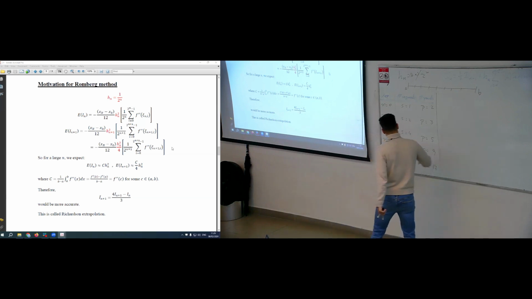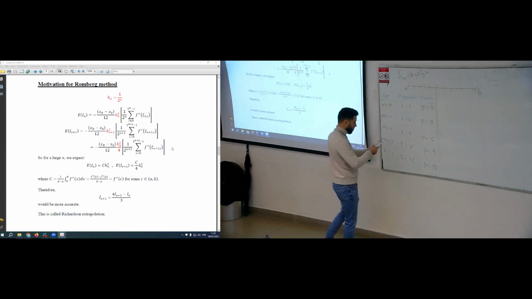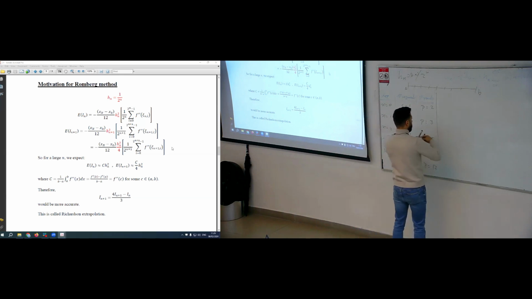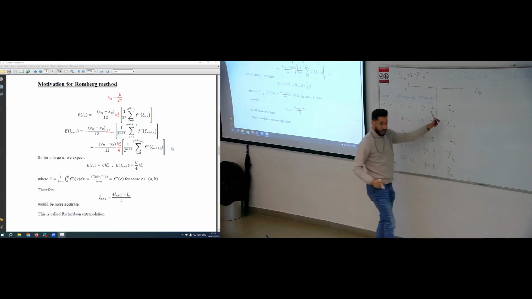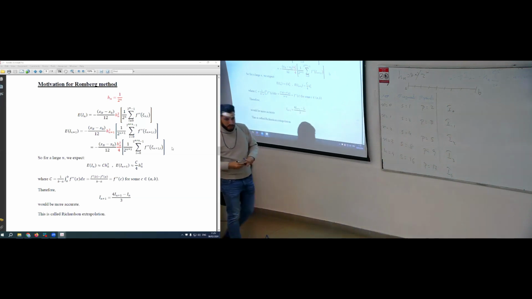So I know that if I calculate I0, I1, I2, I3, I4, I will get an approximation of the integral up to an error.